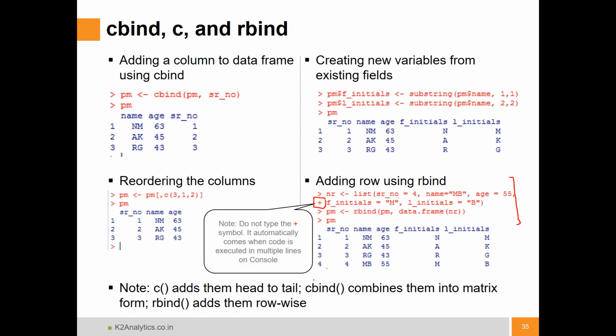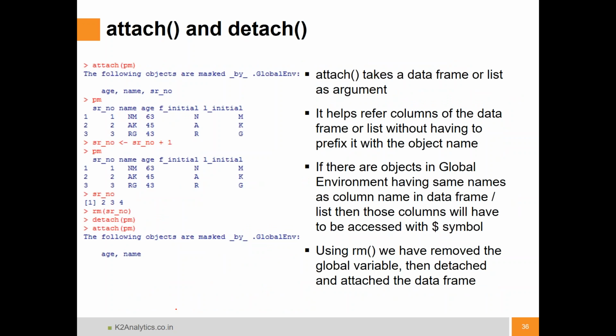Okay. So just to summarize, the c function adds values, a sequence of comma separated values, head to tail. cbind combines columns, and rbind adds rows. Now let's see functions called attach and detach.